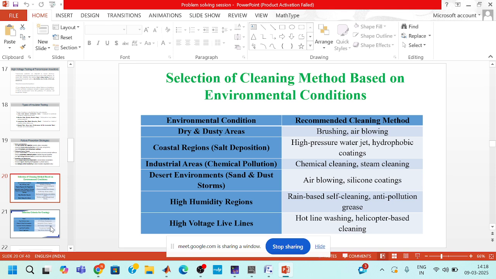For industrial areas we see chemical cleaning and steam cleaning, and for desert environments air blowing or silicone coatings are done. Similarly, this table is also very important: it shows which cleaning method we have to apply for different types of environmental conditions.